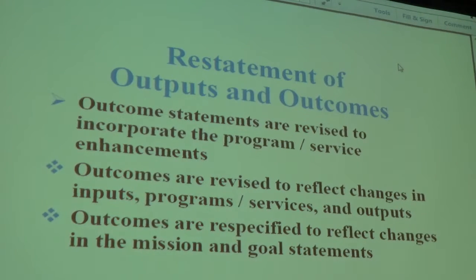When there are input and output changes, the effectiveness measures and the efficiency measures are going to change, especially when the population is either increased or decreased. That's going to affect the outputs in terms of clients served. That's going to affect the cost per service. That's going to affect all the other key performance indicators that were created for the program and service prior to the modification.